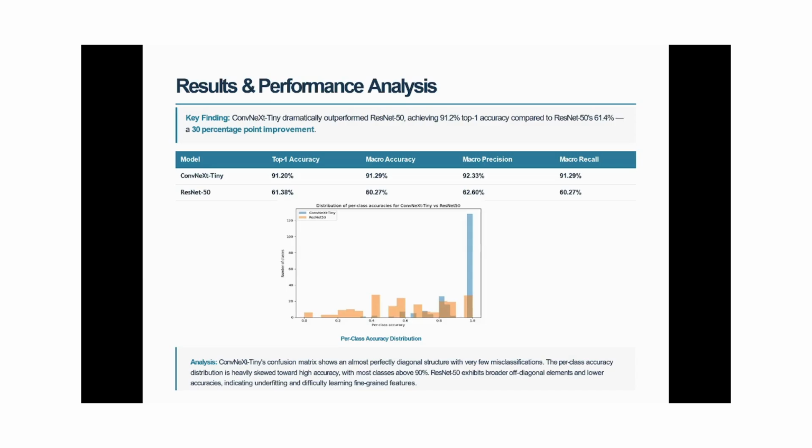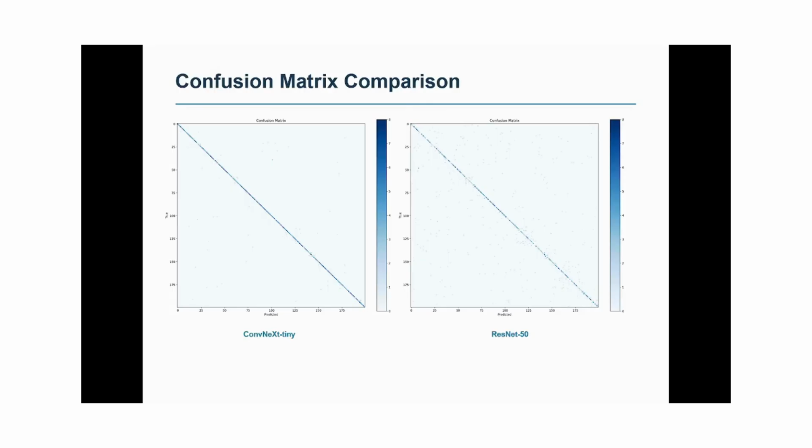A histogram of per-class accuracy shows that ConvNeXt frequently approaches 100% on many species, whereas ResNet 50 often lingers below 60%. This demonstrates that the modern architecture and larger receptive field of ConvNeXt better capture the fine-grained details needed for bird identification.